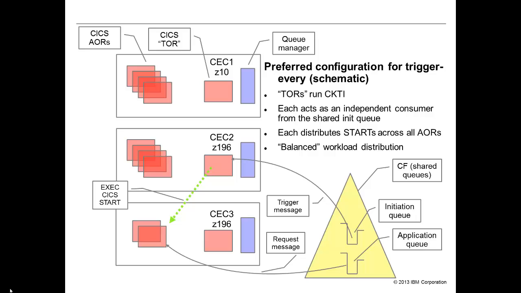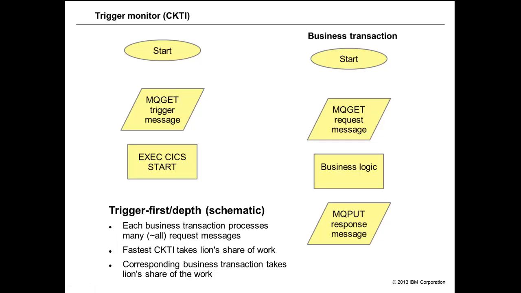Each distributes the starts across all of the AORs within the Sysplex. And from that, if you are using one of the link neutral methods for distributing workload under CPSM, you will get a very balanced and even workload distribution. This bypasses some of the problems that we have observed with CICS and MQ trying to process everything locally. This will actually distribute the workload for you, so you get that even distribution.